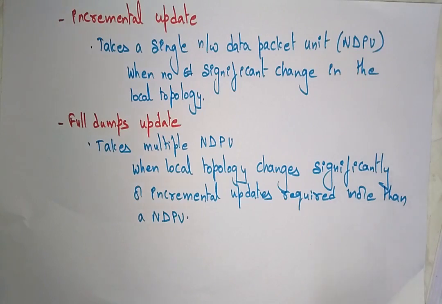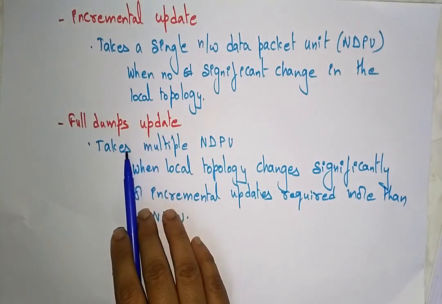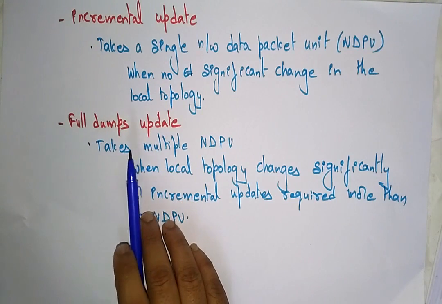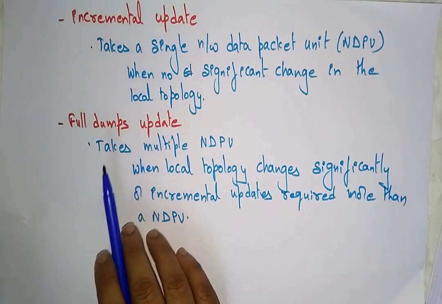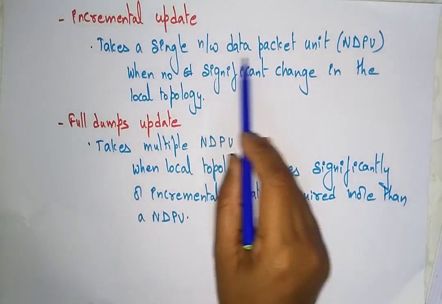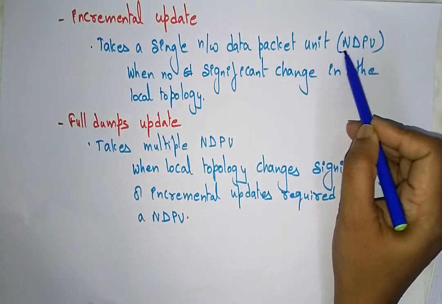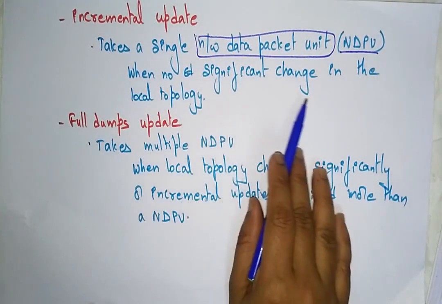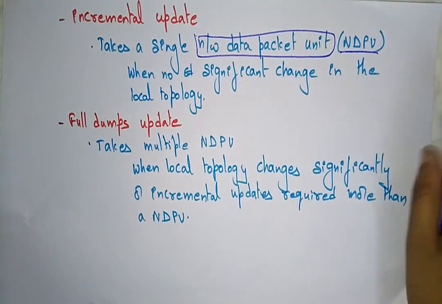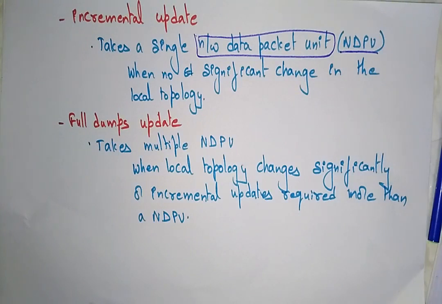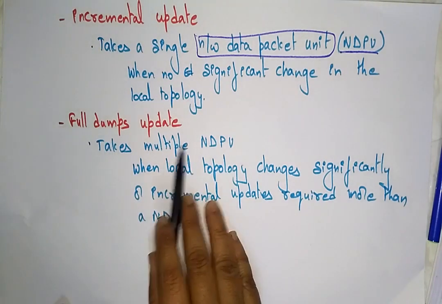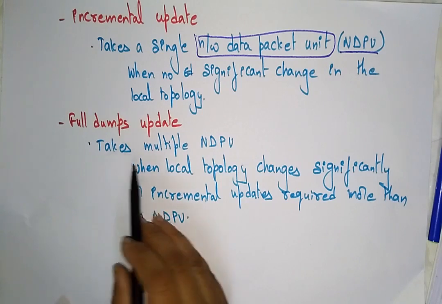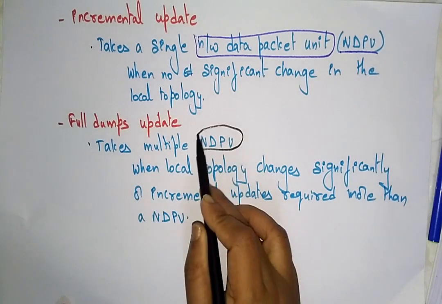The two types of table updates are incremental update and full dump update. In the incremental update, the routing table takes a single network data packet unit, that is NDPU. When there are no significant changes in the local topology, it takes just a single network data packet unit. If there is a change in the topology, that is a full dump update, which takes multiple network data packet units.